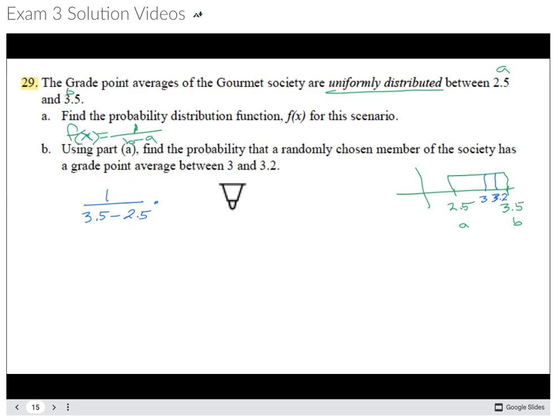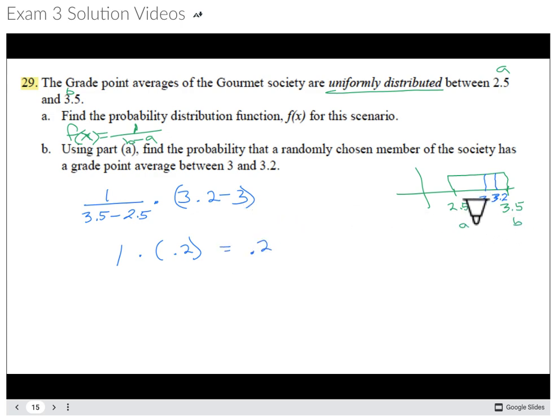But we multiply that by the base, 3.2 minus 3. This gives us 1 times 0.2. This gives us 0.2, a 20% chance.